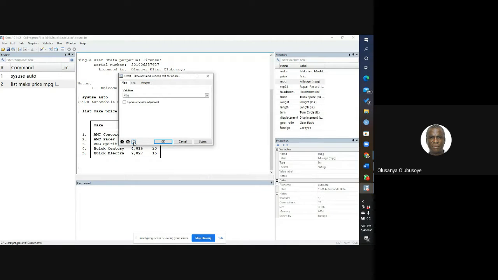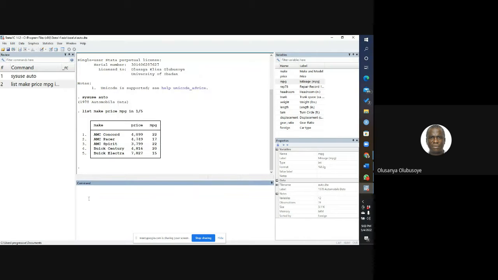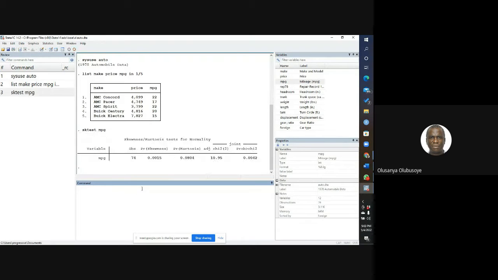Then come to the command window and paste. So that is the command. Even without running it from the window, you get this result.